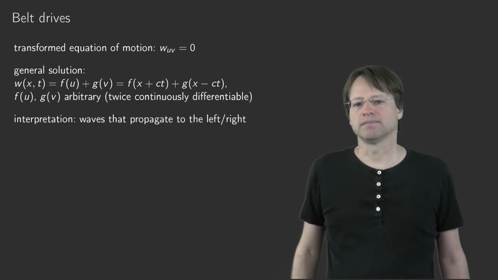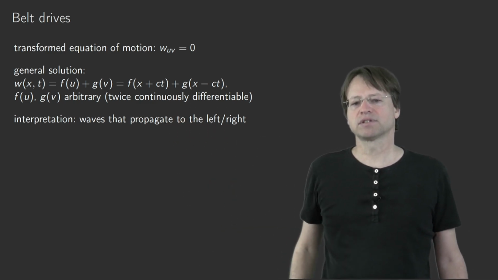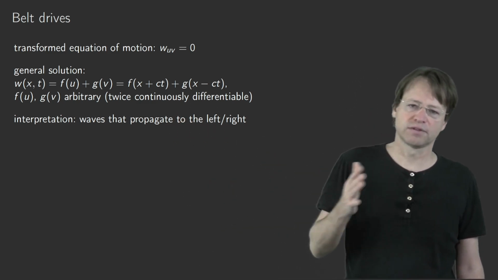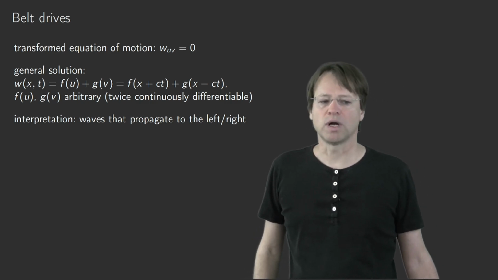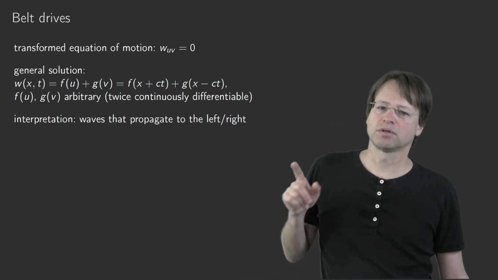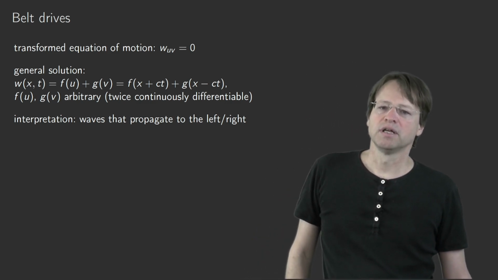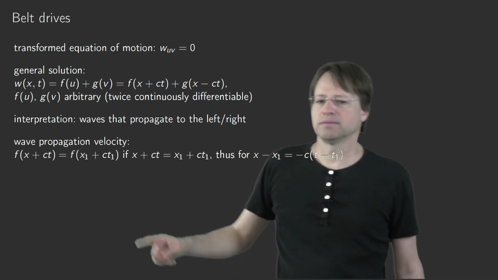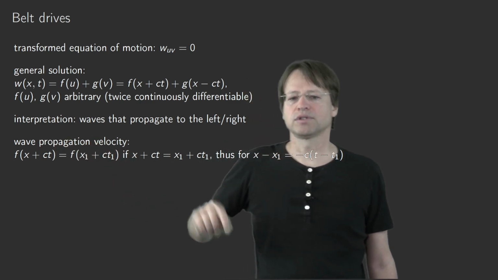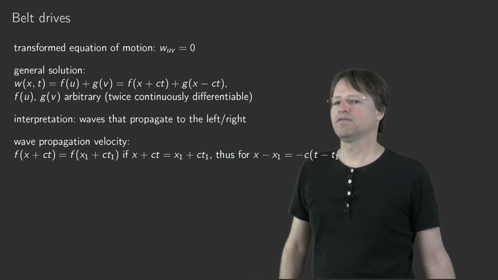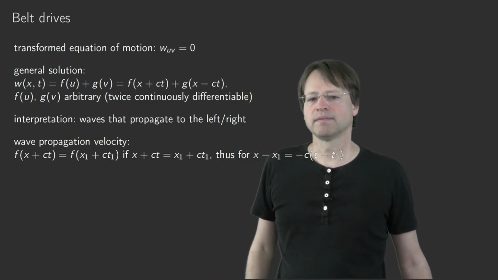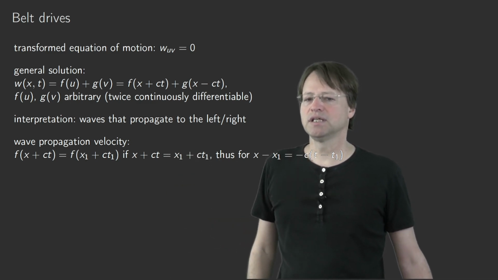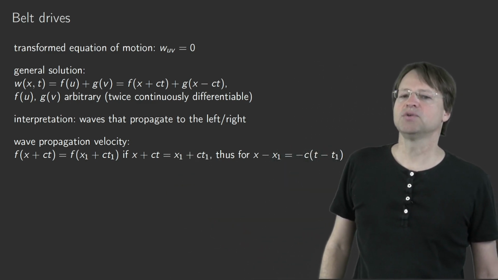So you see that these functions are waves that propagate either to the left or to the right. Why? Well, let's look at the wave propagation. You can be sure that the function will reproduce the same value if the argument is the same. So if x plus ct is equal to x1 plus ct1.